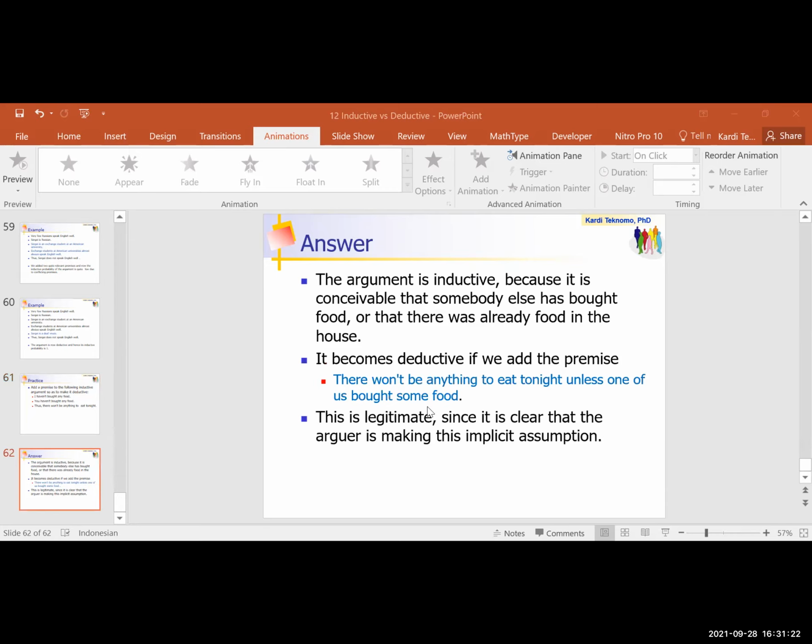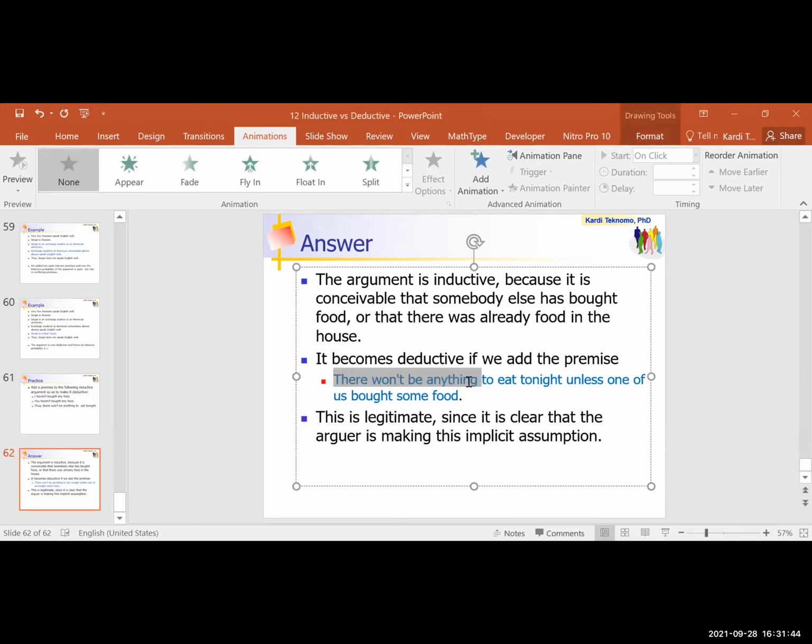And then I say, there won't be anything to eat tonight unless one of us bought some food. That means there is an implicit assumption here that there is no food already in the house. Correct? Oh, so there's an assumption, yes, sir. Yes, look at this. There won't be anything to eat tonight.